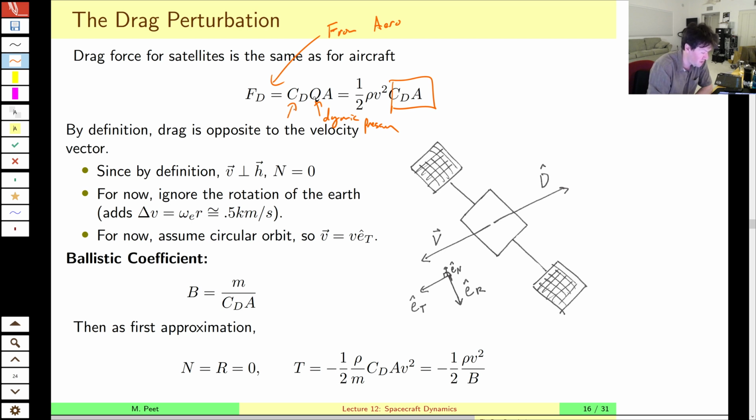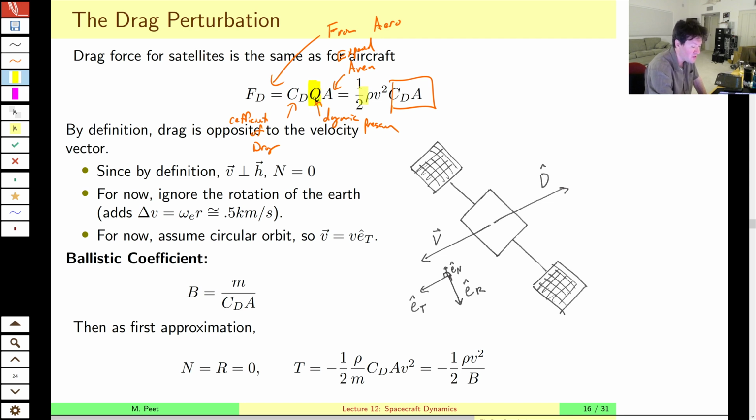Times the area, the area perpendicular to the direction of motion. So exposed area. So this expression for drag is the same actually as the one for airplanes.